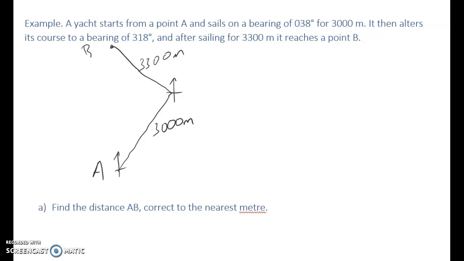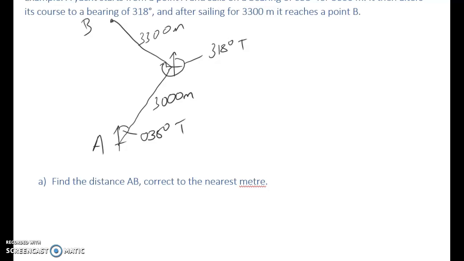And then we call this point B. Okay, it doesn't have to be super accurate, but it does help if you draw those little things in. Don't forget to add your bearings. So that's 0, 38 degrees. And from here to here is 318 degrees. They're both true bearings.